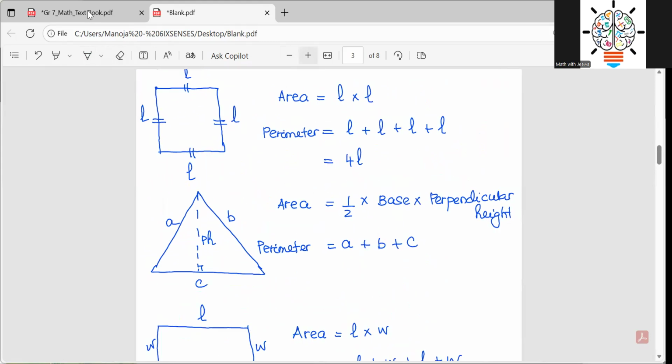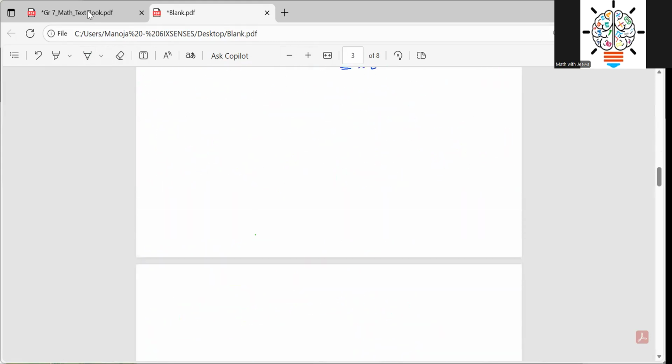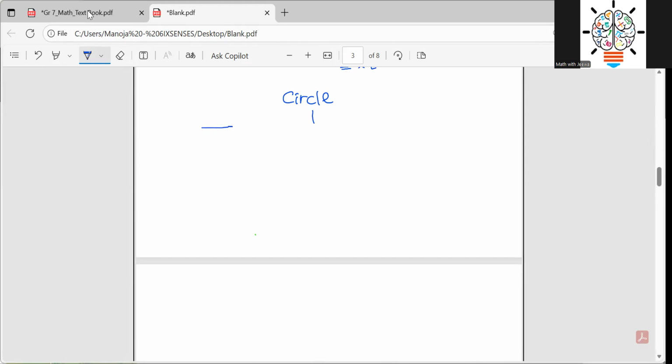But when it comes to circles, children, you don't have straight edges like that. Mathematicians have done various researches and they have found, if it is a circle, how do you get the area of a circle?